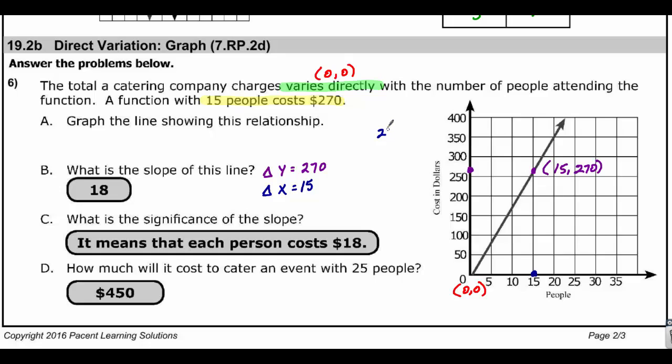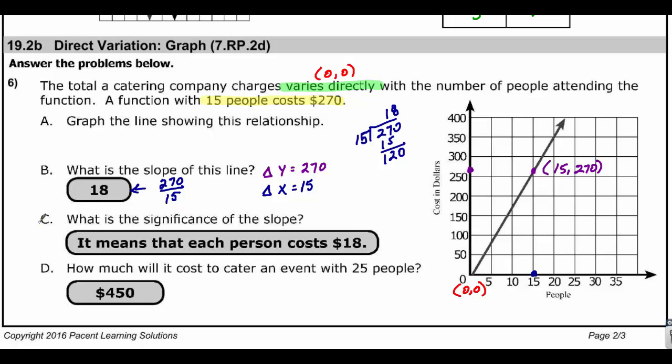So if we take 270 and we divide by 15, 15 goes into 27 one time, bring down the 0. 15 goes into 120 8 times. That gives us our slope. So this slope of 18 came from doing 270 over 15. Significance? It means each person costs $18.